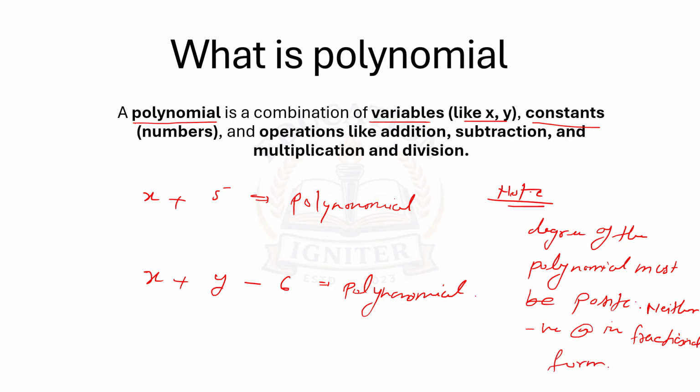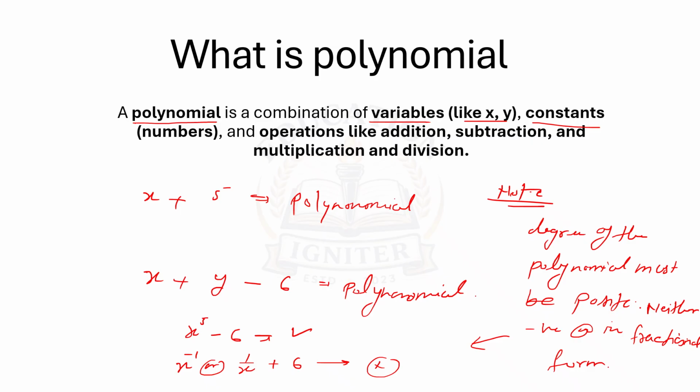It means that if I'm saying x to the power 5 minus 6, is it a polynomial? Then you can say yes. If I'm writing x plus 1 upon x plus 6 and saying it is a polynomial, then we can say no, this is not a polynomial because the power is negative.